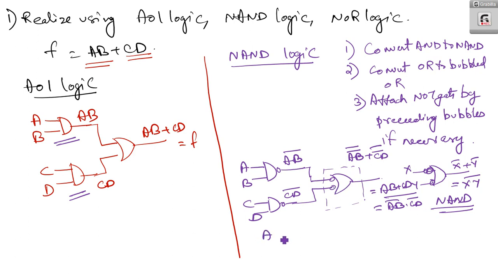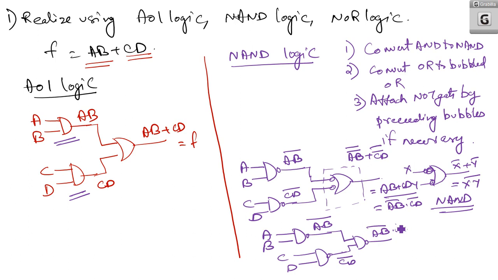So you get A, B, C, D, and you will get a NAND gate. Okay. So here what we get? This is AB bar, this is CD bar, this is AB bar dot CD bar the whole bar. So what is it? That is AB bar or CD bar. What is it? That is AB or CD. Okay. Now I have realized this AND-OR-INVERT logic using NAND gates only.